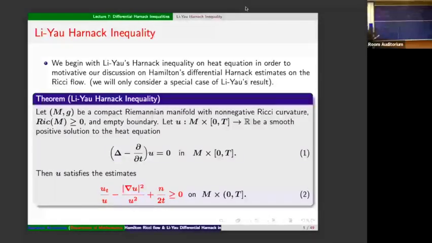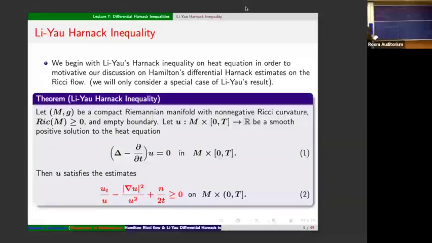Okay, that's the Harnack quantity there. So here we can see this implies f over t is gradient of f squared minus partial t of f.